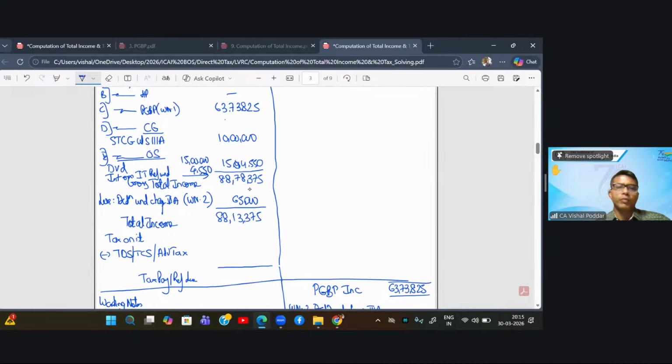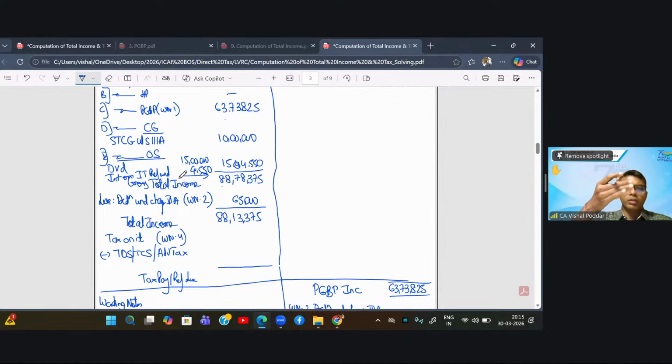Now we have to go for tax computation. Working note 4. Arun Sagar is saying 80TTA interest. Yes, but do we have interest in our income? I don't remember. No, there is no interest income on saving bank account. 80TTA is for interest on saving bank account.